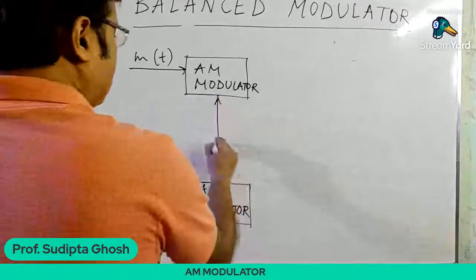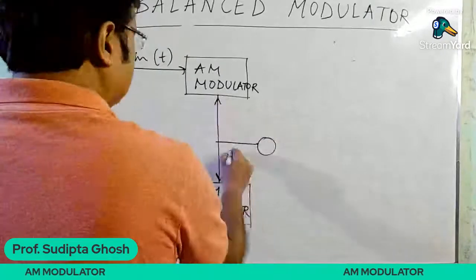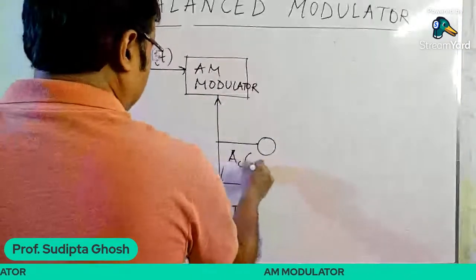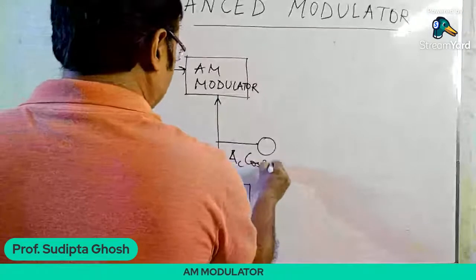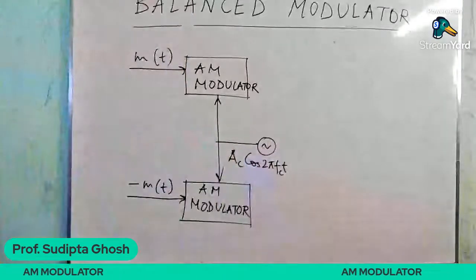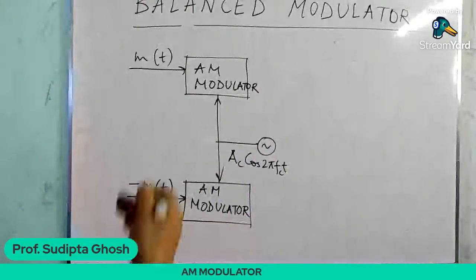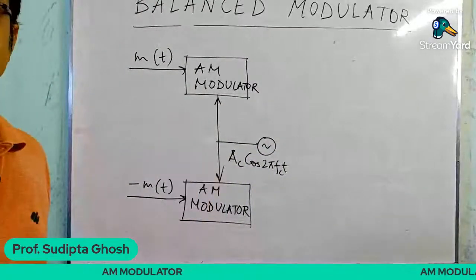These two amplitude modulator circuits are fed by the carrier wave, let it be Ac cos 2 pi fc t. This carrier signal is fed to both amplitude modulator circuits.